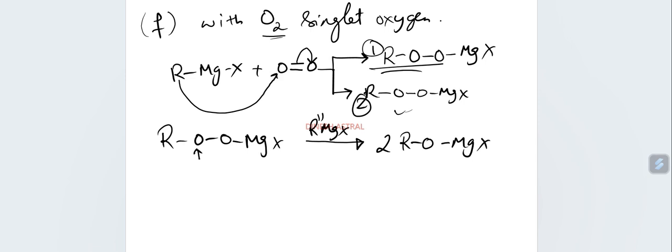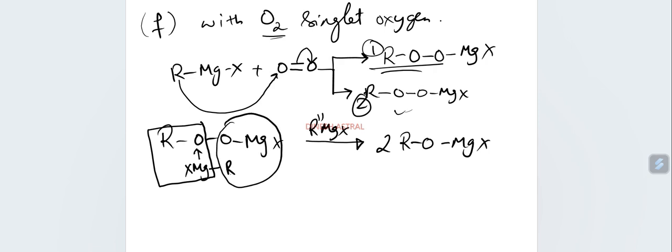Just below this oxygen, write MgX and R, so that you bind up these two. What do you get? ROMgX. Again, you bind up these two, and here also you get ROMgX. So two molecules of ROMgX you get here.